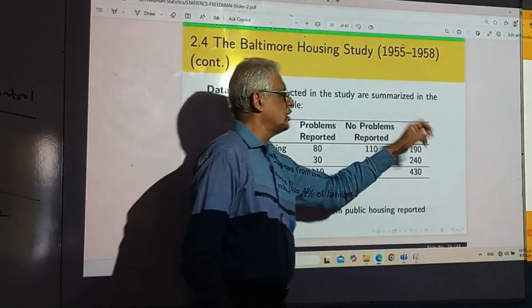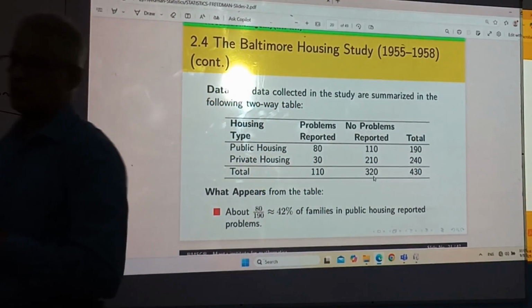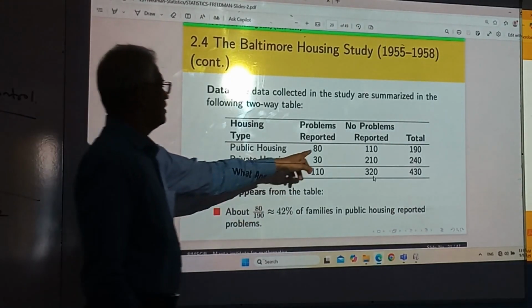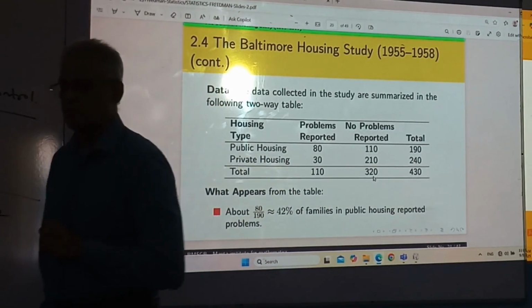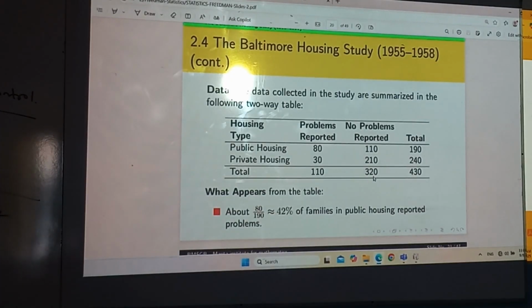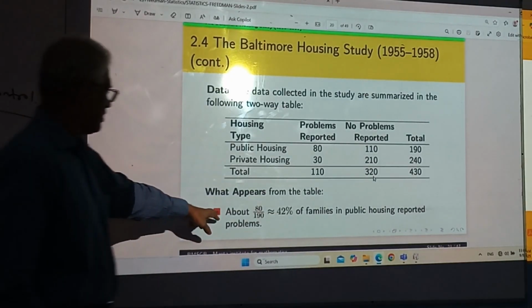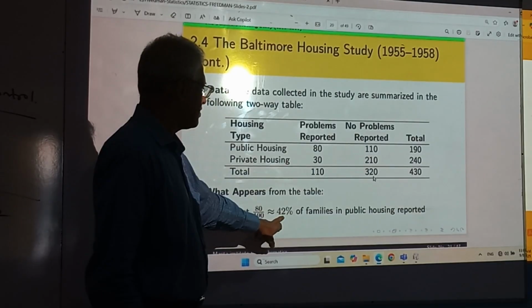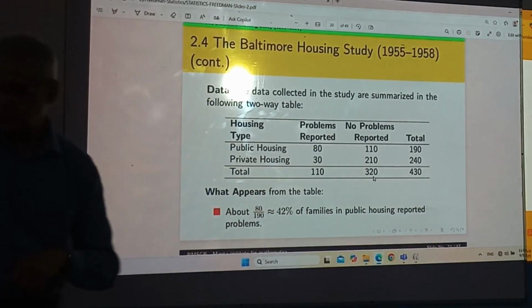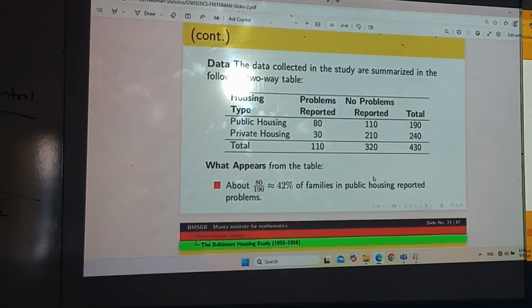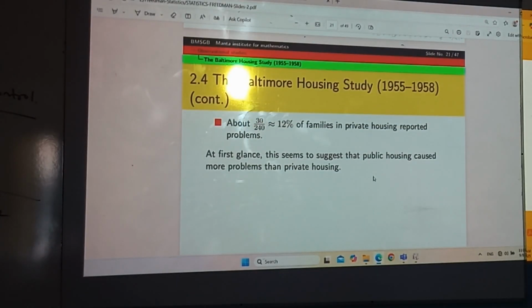This is 30 divided by 240. Right? So when you calculate these two numbers, definitely this number will be large. So 42% of families in public housing reported problems, and only 12% of families in private housing reported problems.